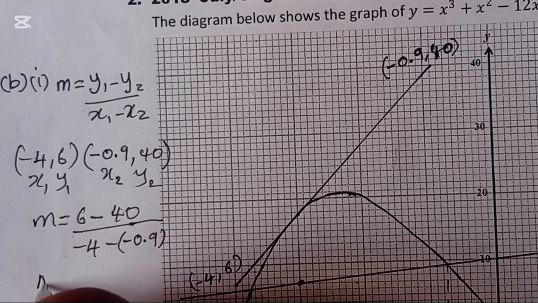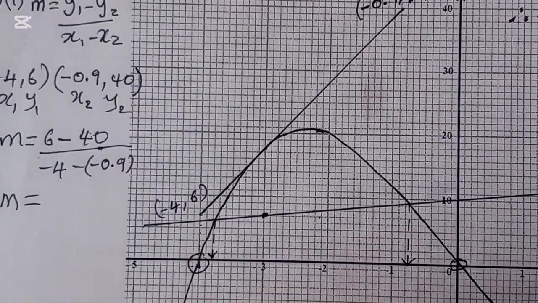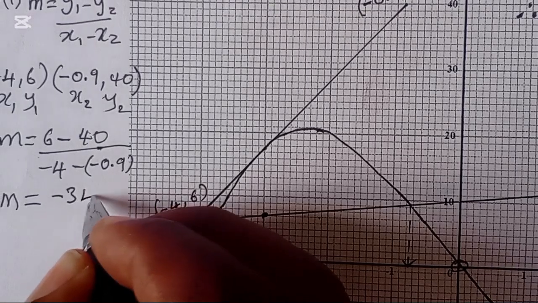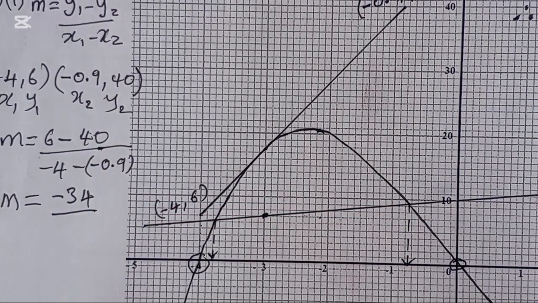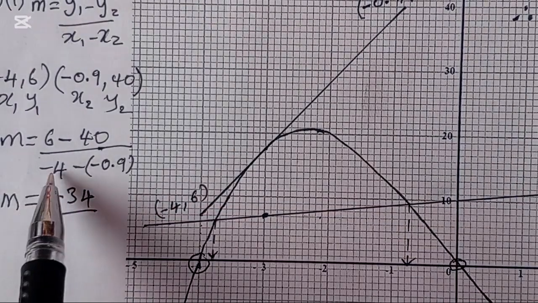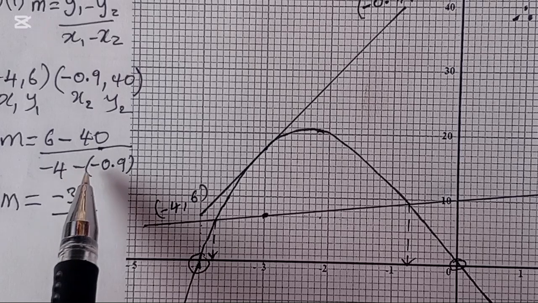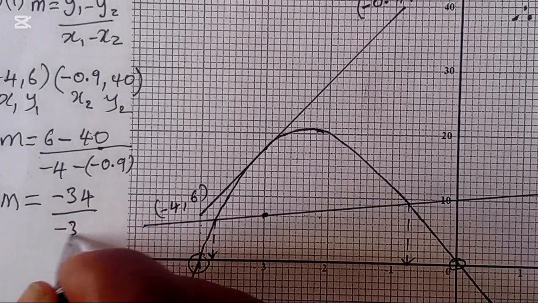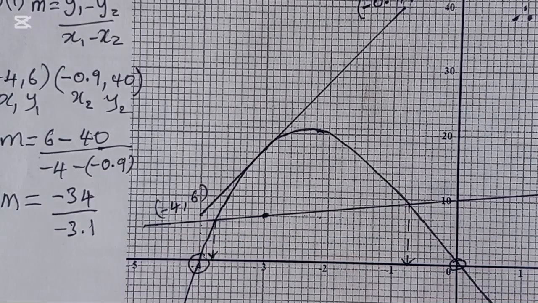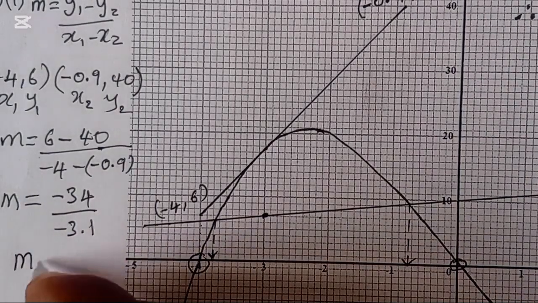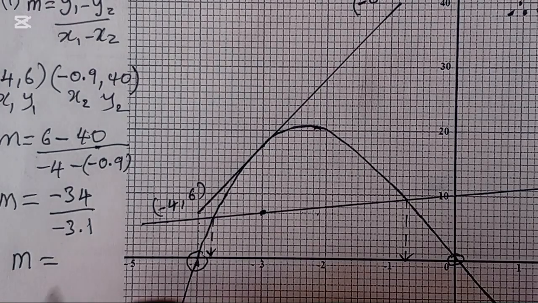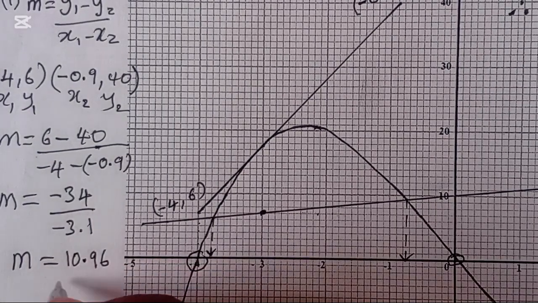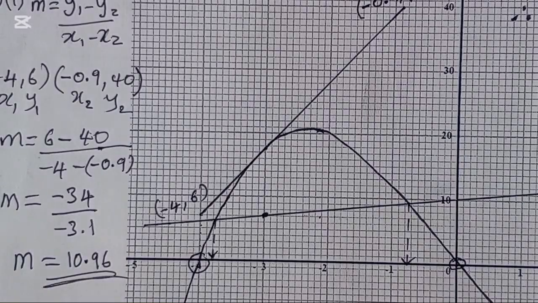So gradient is equal to negative 34 over negative 4 minus negative 0.9, we are going to have negative 3.1. So gradient is equal to 10.96. So that is our gradient.